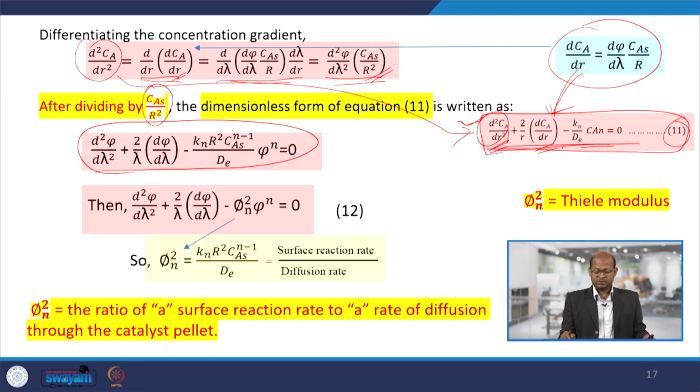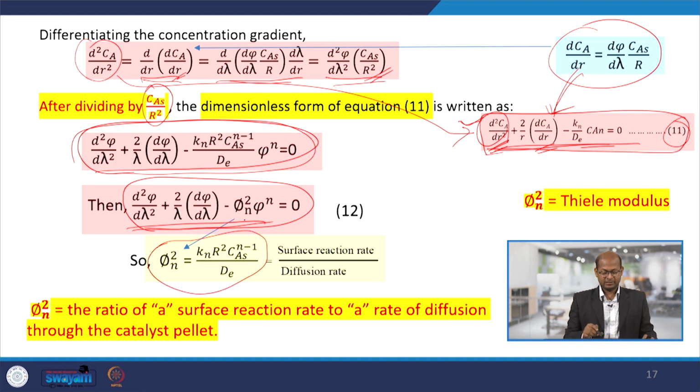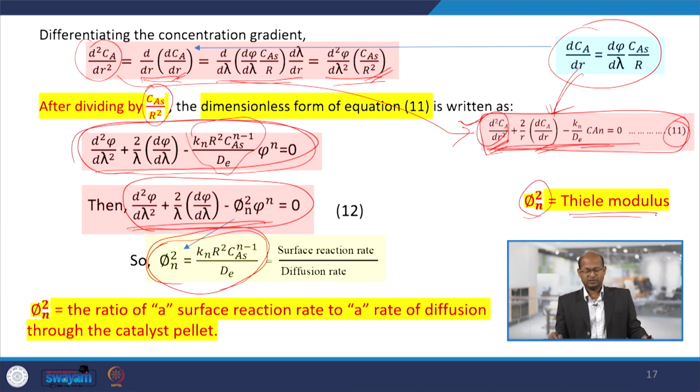After simplification, this equation 11 can be written this way by considering phi n squared equal to k n R square CS to the power n minus 1 by D, and this phi n squared is the Thiele modulus.